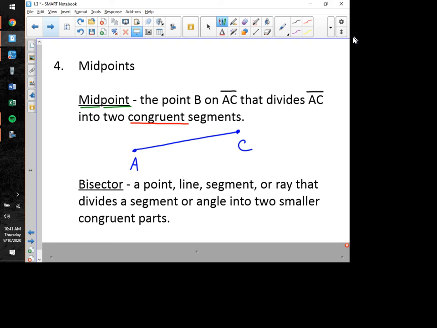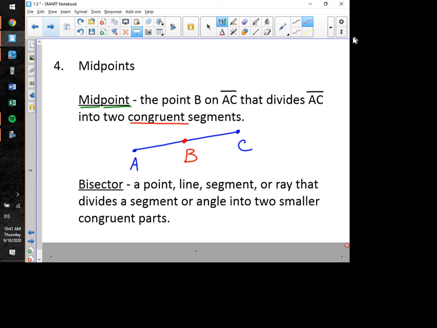There are an infinite number of points that are located on line segment AC, but only one of them cuts AC up into two equal or congruent segments, and that, I'm just eyeballing this here, guys, but that is probably located right about here. So point B then would be the midpoint if it created two congruent segments.